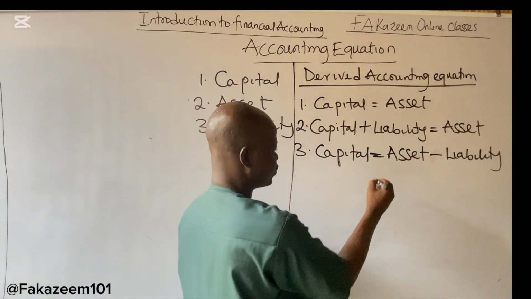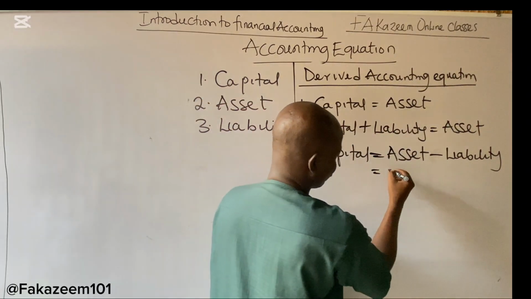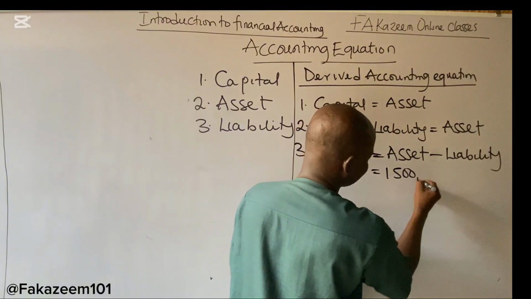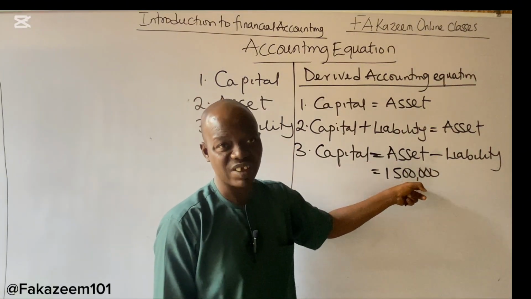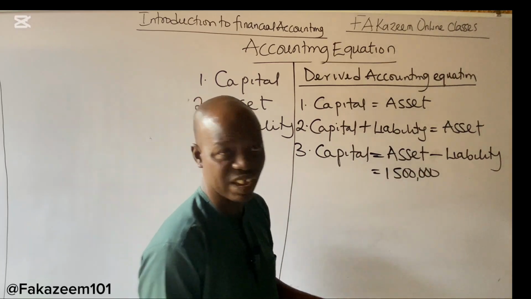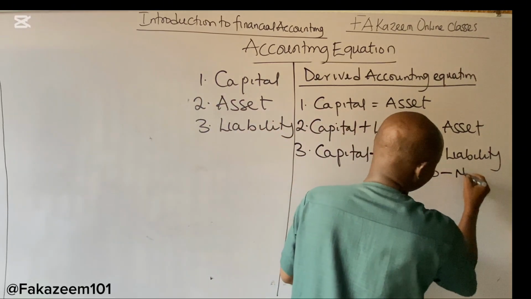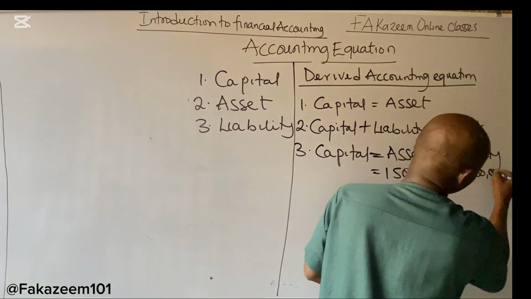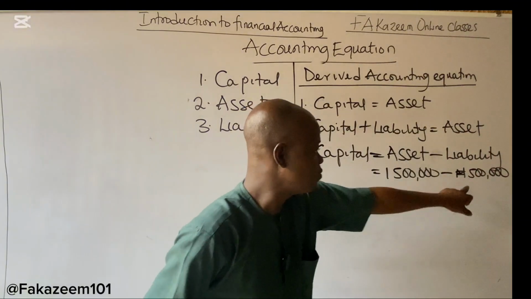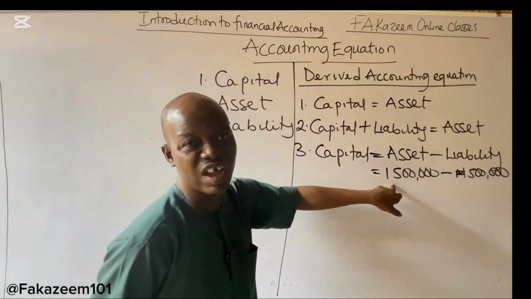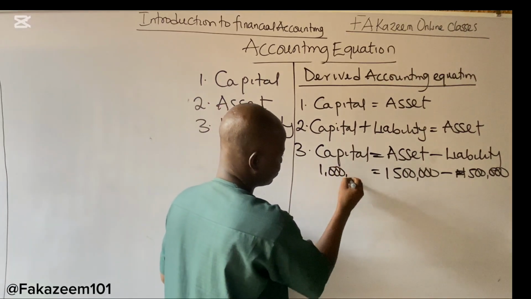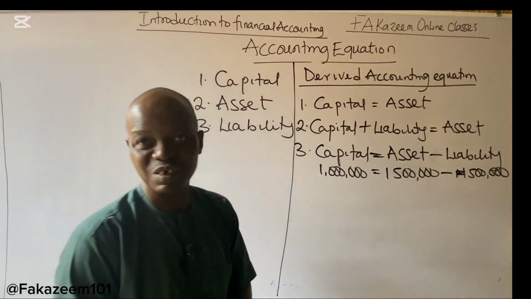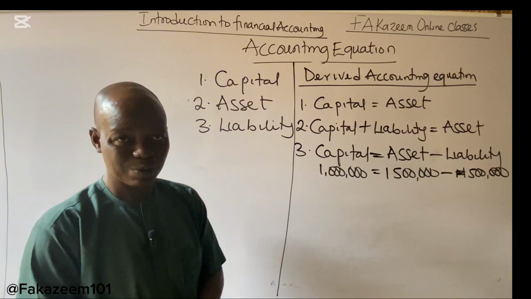Let me give you an example. Formerly, you have 1.5 million as asset, which is the delivery van and the inventory. Inside this 1.5 million, you take a loan of 500,000. If this loan is paid back out of your 1.5 million asset, what you are left with is 1 million naira, which is the money you introduced into the business.